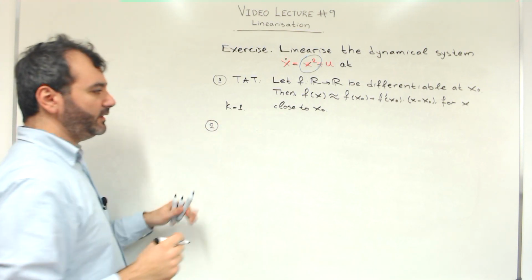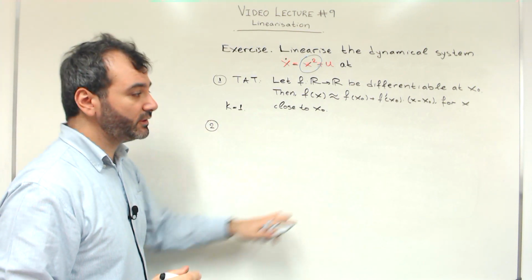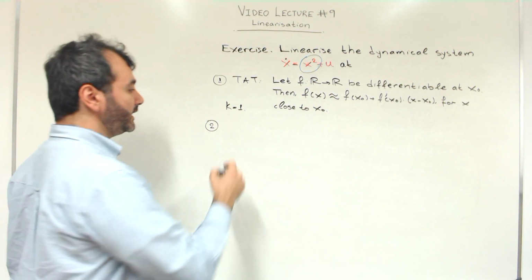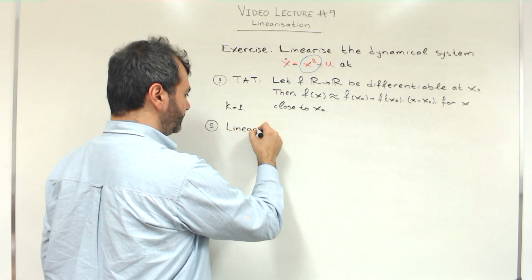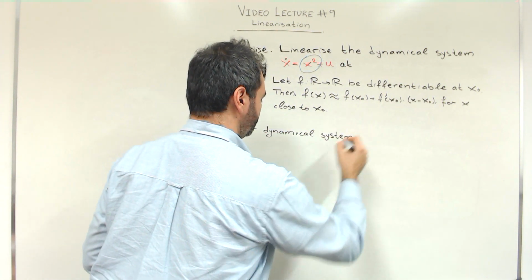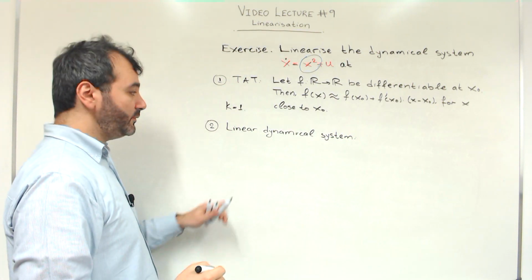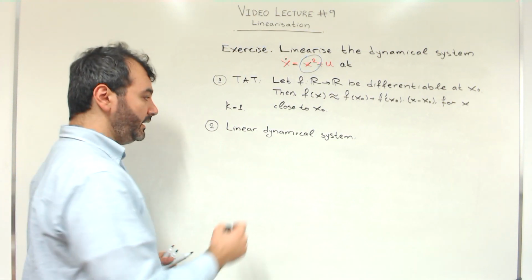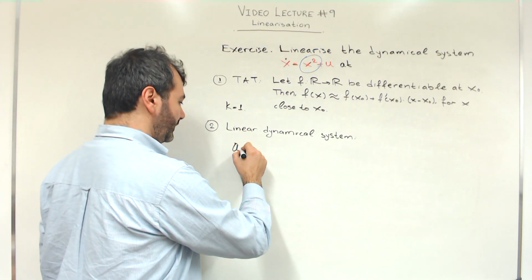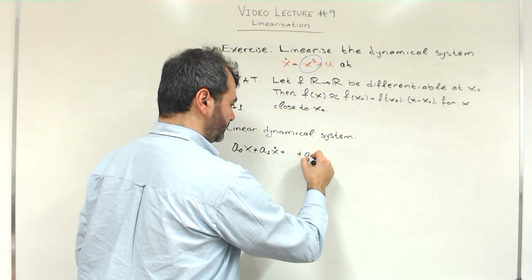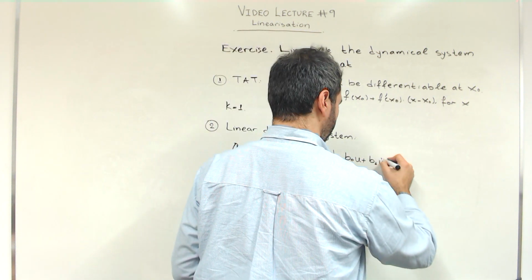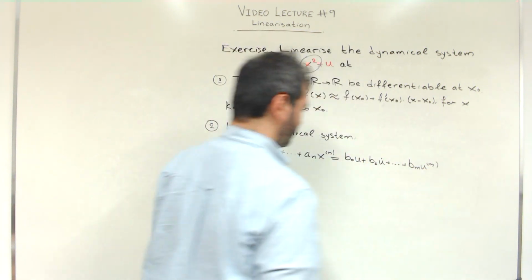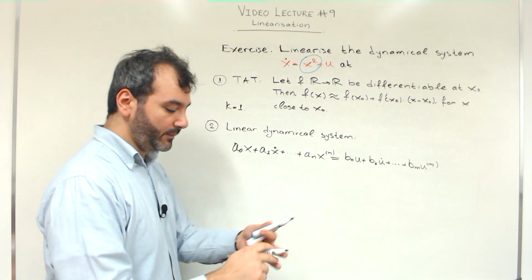And the second thing we introduced in the last lecture is the definition of a linear dynamical system. A linear dynamical system with state variable x and input variable u is one that can be written like that. This is a linear dynamical system.